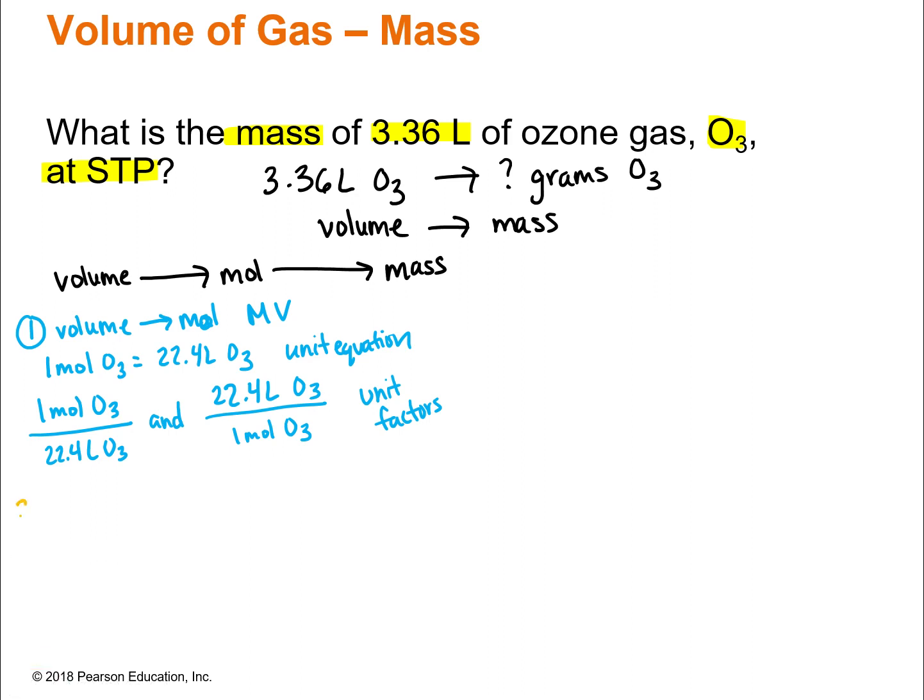The second part of the problem, we're taking moles and converting to mass. You need molar mass here. To find the molar mass of ozone, you're taking what you see on the periodic table for oxygen and multiplying by 3. You should get somewhere in the ballpark of 48. My periodic table has 15.999 for oxygen, so I get 47.997 grams per mole.